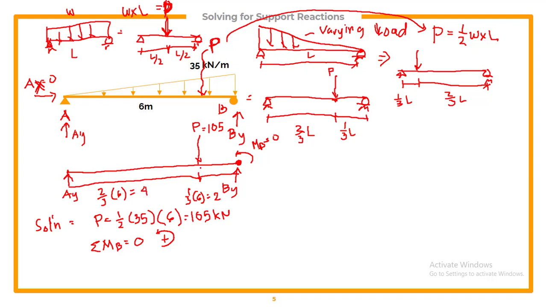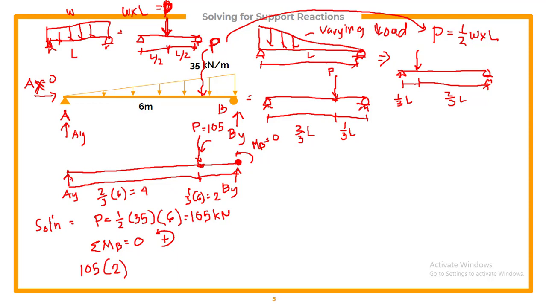Therefore, to find the moment here, the load is 105 times the distance. The distance from the reference point to the point load is 2. So that is 2, and it is positive since it rotates in the same direction as our assumed rotation.